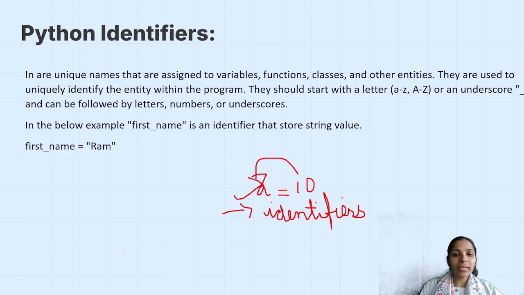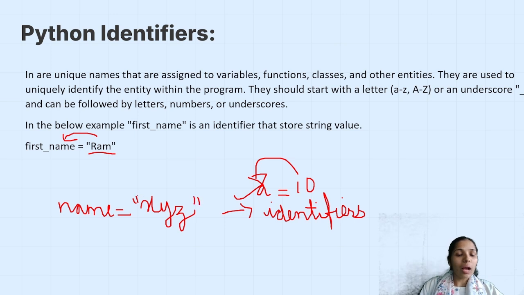Now for example, if I want to initialize a noun like Ram to my variable, instead of just using name, I can give name equal to, or X, Y and Z. This is also correct. Apart from that, if I want to be more precise, I will use first underscore name.